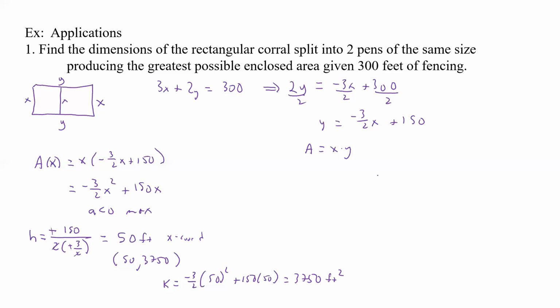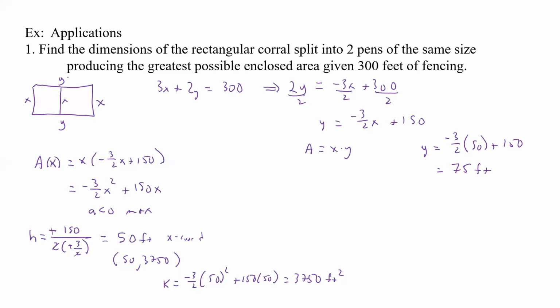And so now what can we do? Well, that gives us the vertex. Well, that really doesn't help us a whole lot unless we plug it back into this formula or this formula. If we plug it into this formula, we can say, okay, well, y equals negative 3 halves times 50 plus 150. And so that's 25 times 3 is 75. So that looks like that's going to be 75 feet.